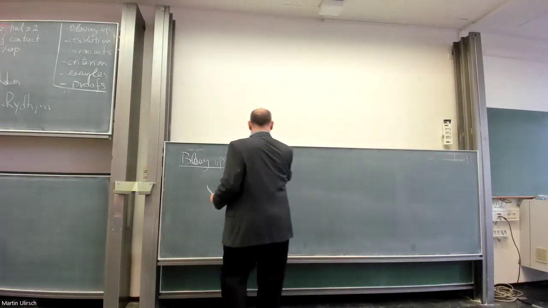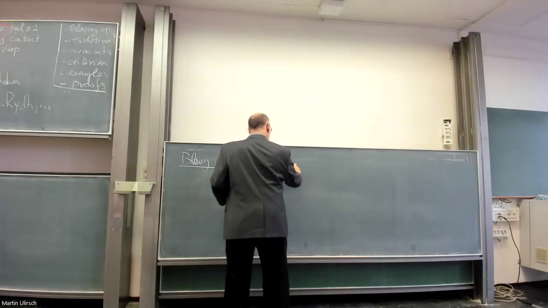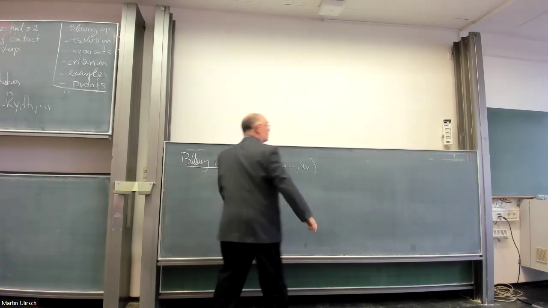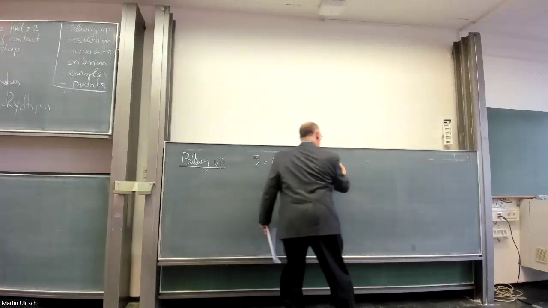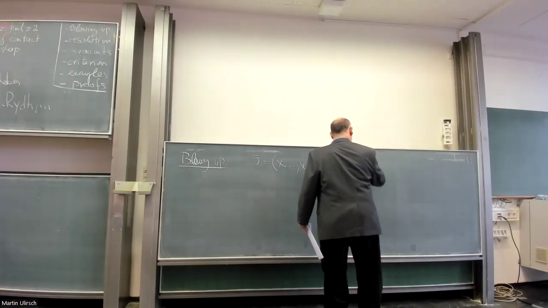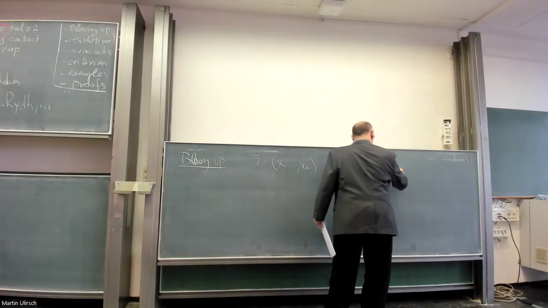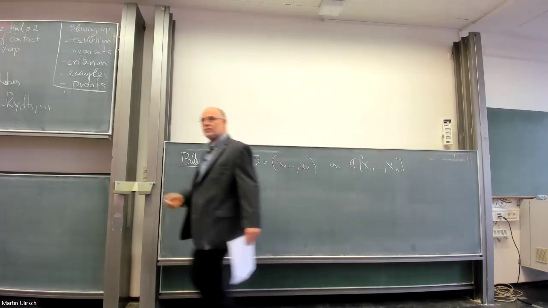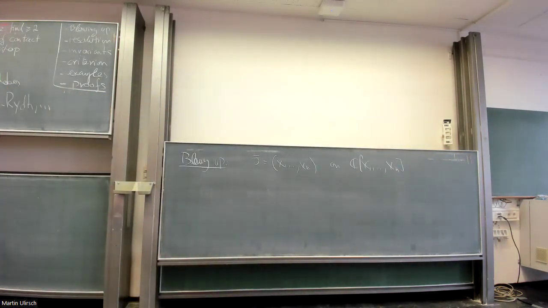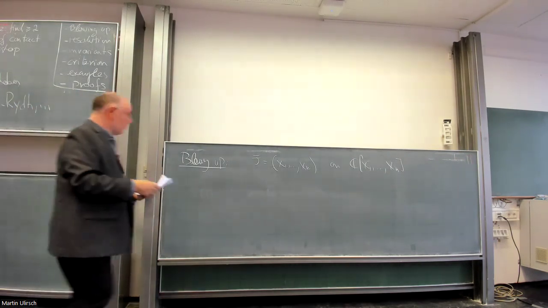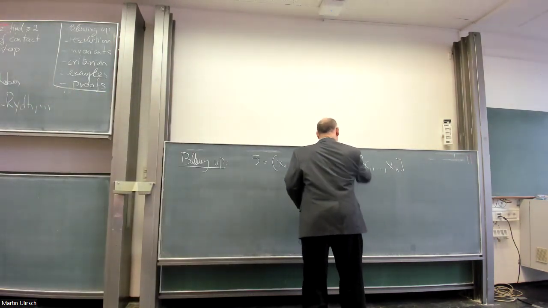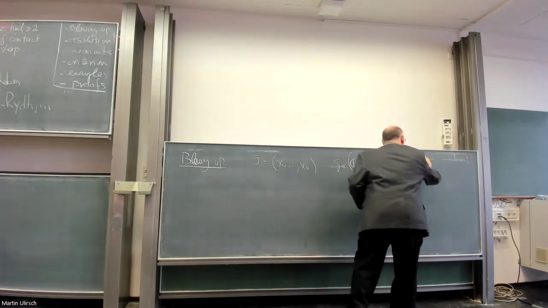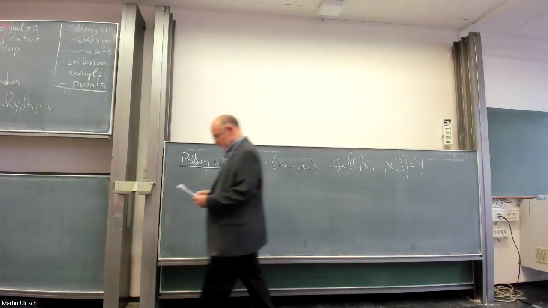So J will be the locus I want to blow up, or the ideal I want to blow up on affine space, simplest possible case to consider. I'll call this Y. This is affine space.